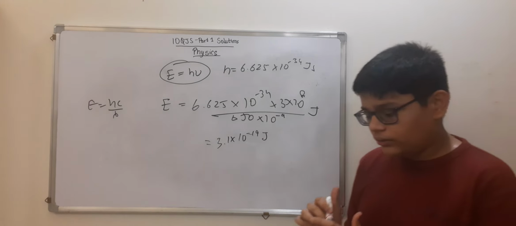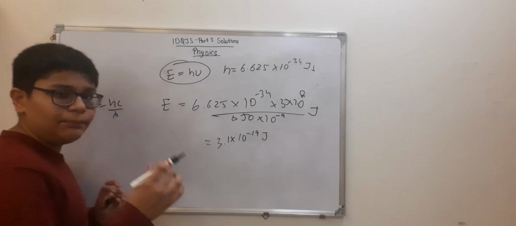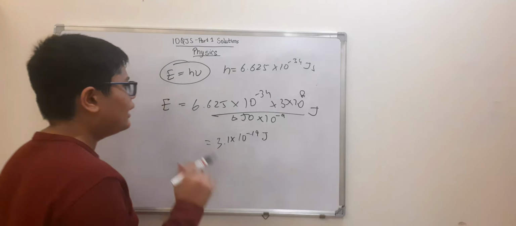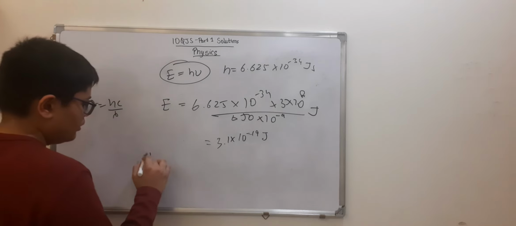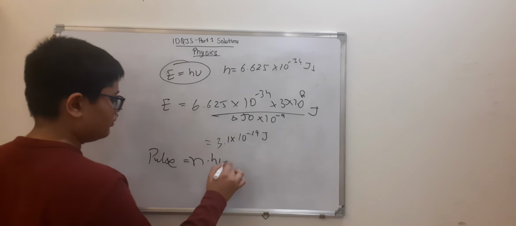Now the next question: you need to use that the total energy of the pulse will be equal to n into h nu, right?